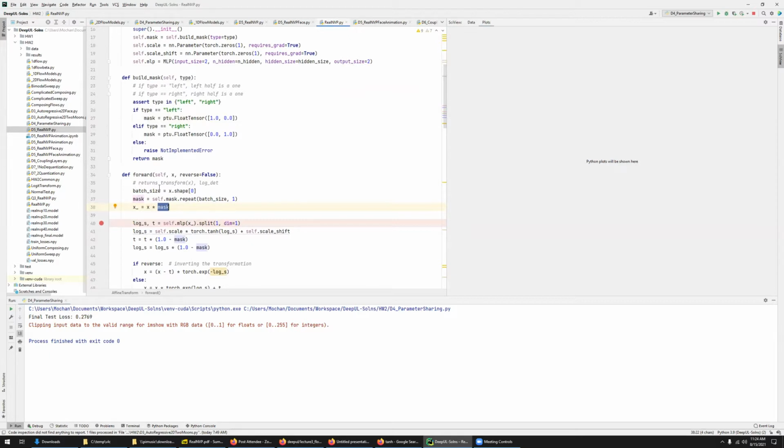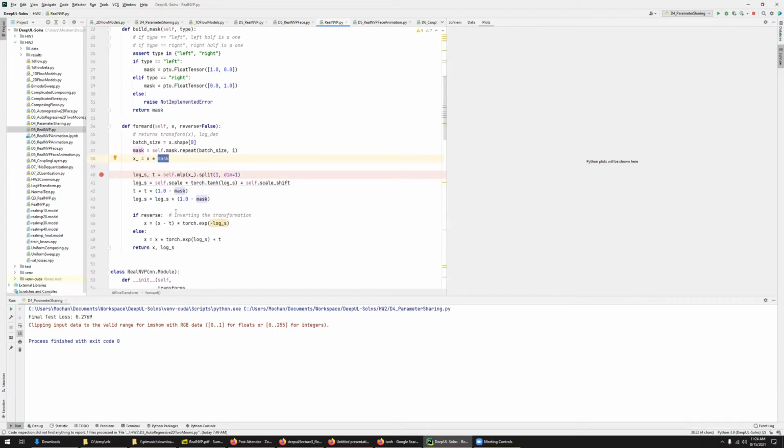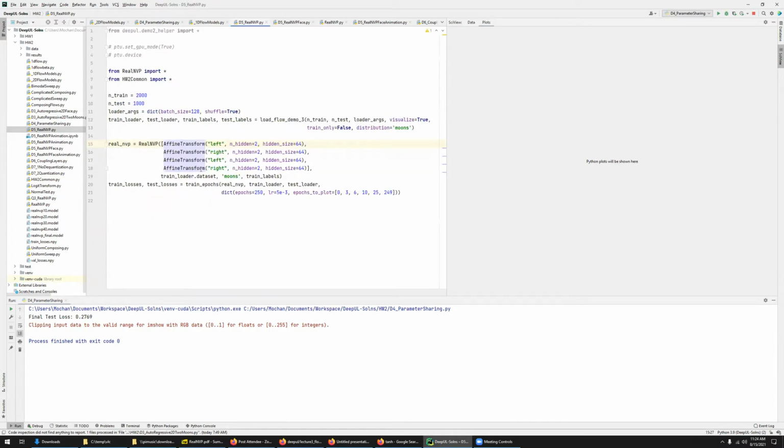They could have just said if left, then just do x1 and do all, but it's the fancy way of doing it here, by actually multiplying the x into the mask and doing all sorts of things. Okay, so yeah, it's a sequence of affine transformations.